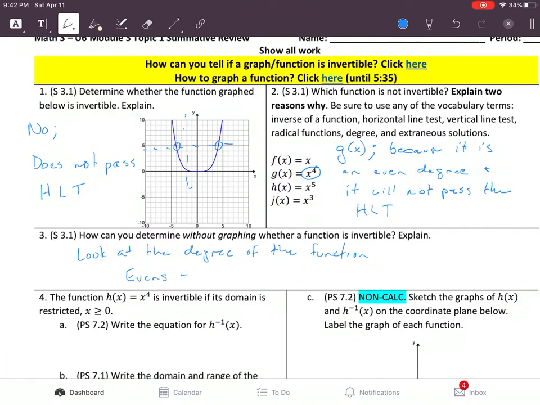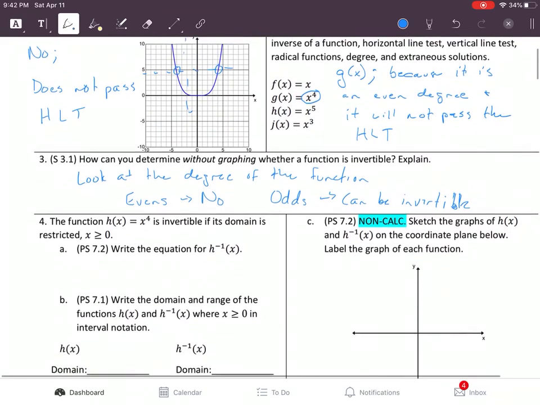Evens, no. Odds can be invertible. There we go. That should be an I. Spelling wrong. It's kind of right.